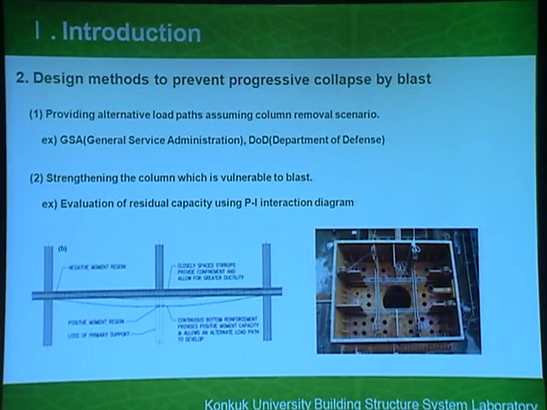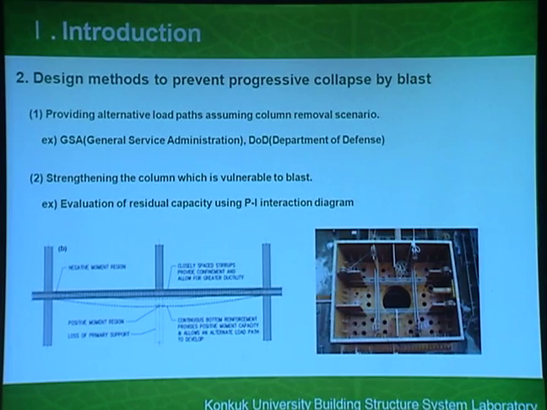So if we assume this column is removed, then we cannot provide an alternative load path with an economic or efficient way of reinforcement. So there is another approach to prevent this kind of progressive collapse: strengthening the vulnerable column. For example, we provide very high stiffness and highly robust reinforcement for this kind of mega column.